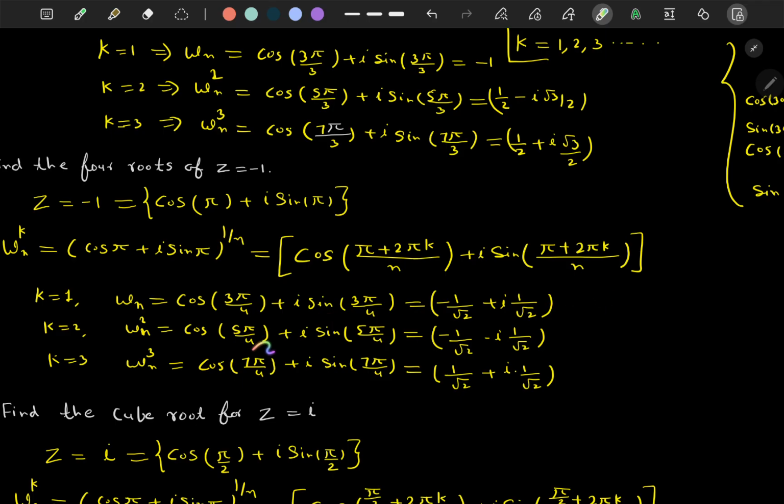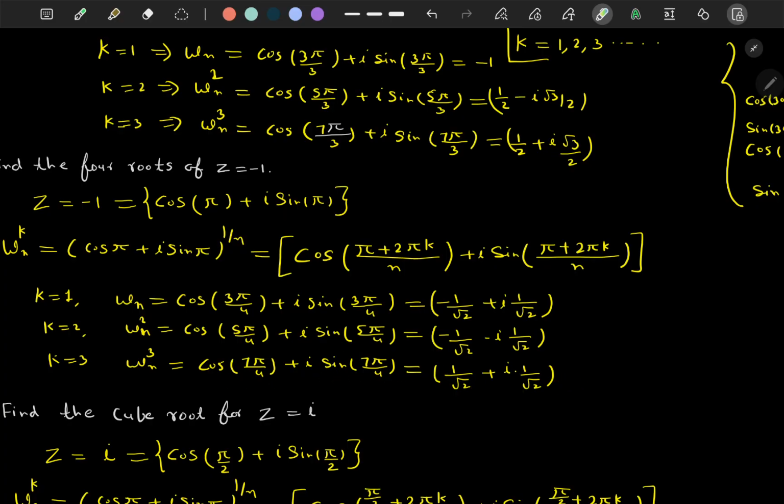And for 5 pi by 4, 4 pi by 4 is pi, and plus pi by 4 also. So pi plus pi by 4 is in which quadrant? Third quadrant. In the third quadrant, cos pi by 4 will be negative, so minus 1 by under root 2. Similarly, we will determine the value for sin pi by 4.